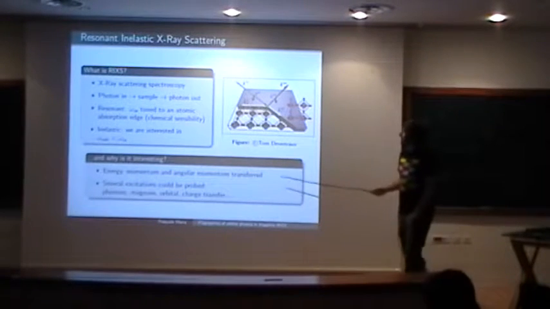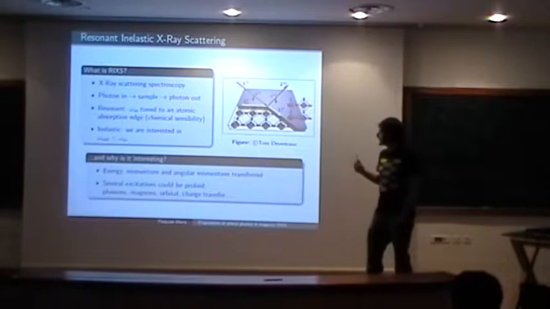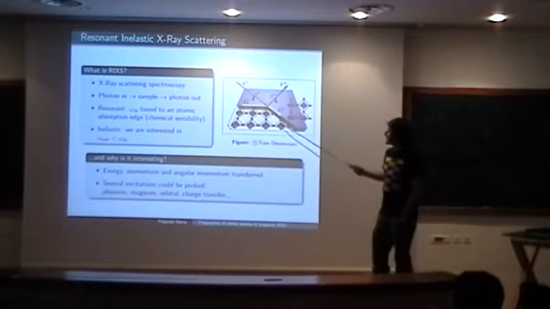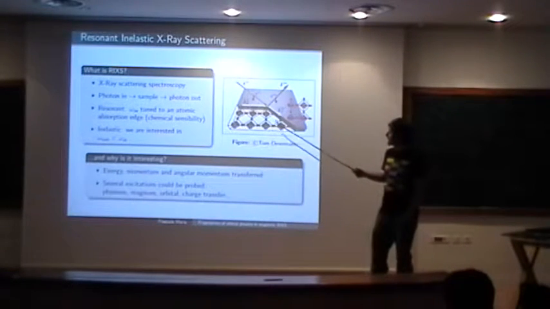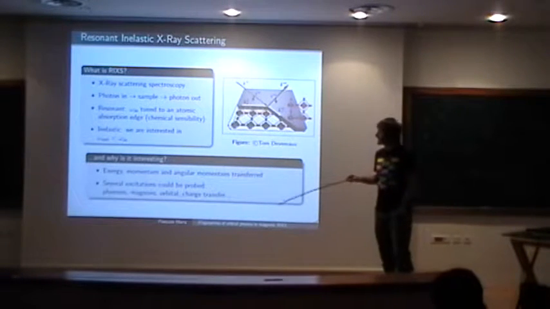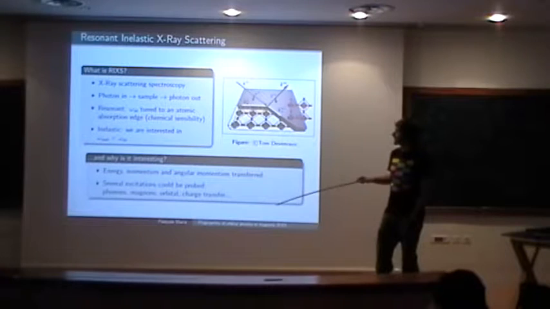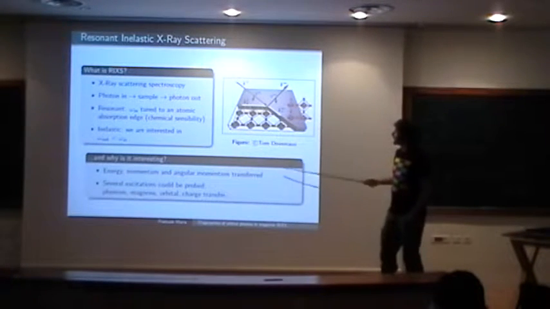So what is RIXS? It's a photon-in, photon-out spectroscopy where the incoming photon energy is tuned to a specific atomic absorption edge, and we measure the outgoing photon energy.